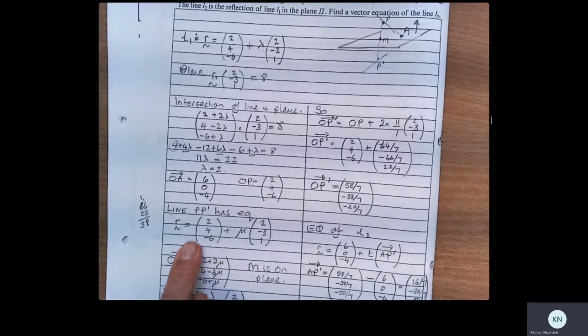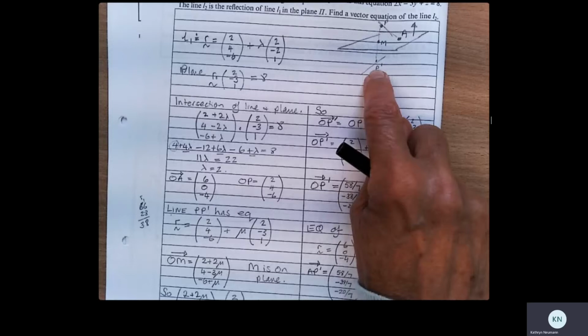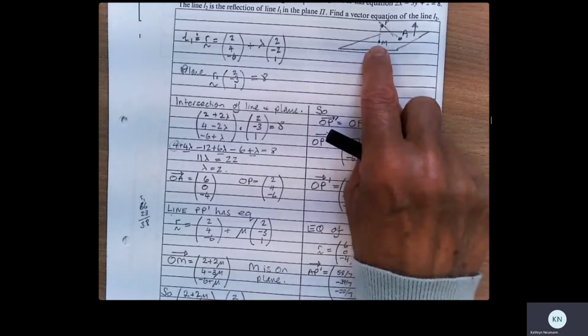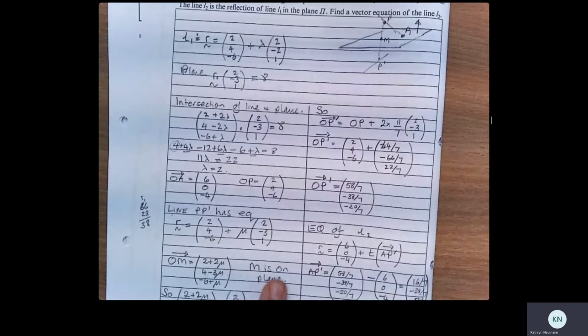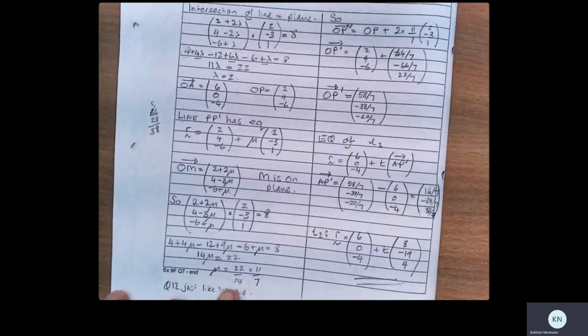So we work out the intersection of the line through P, normal to the plane. So that's this line coming down here. And that gives us this point M. So this is like the last example. We'll work that out, and we get that mu is equal to minus 11 over 7. It's not a very nice answer at that point, but that is how this question works out.